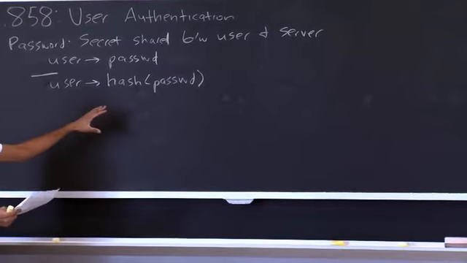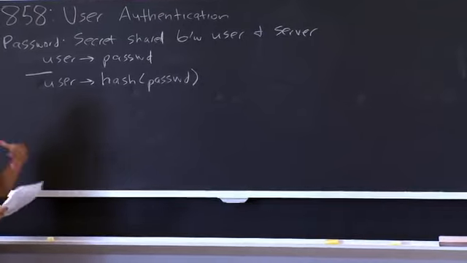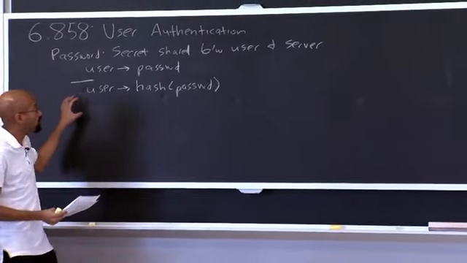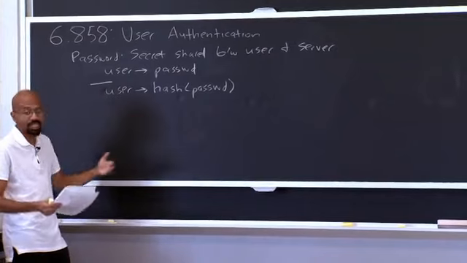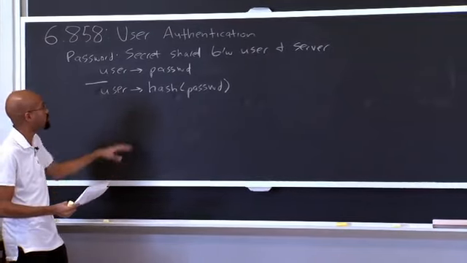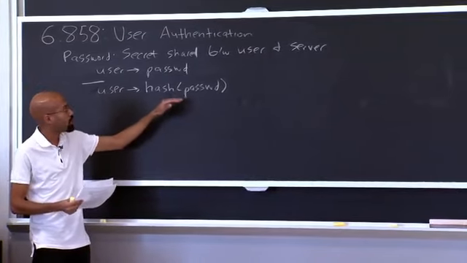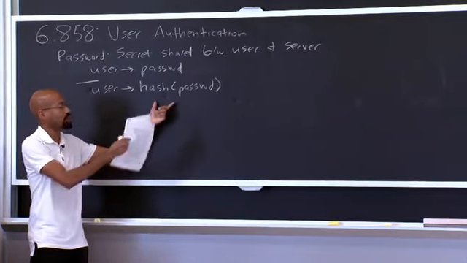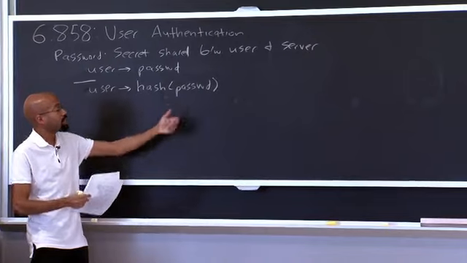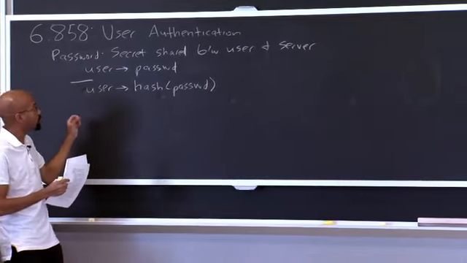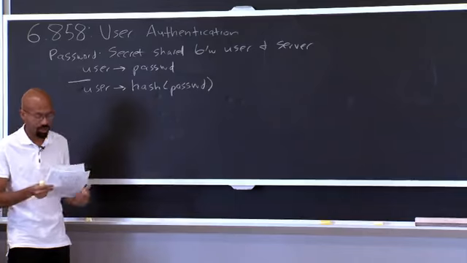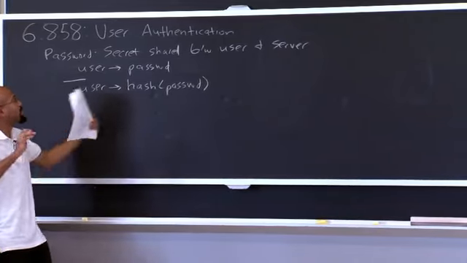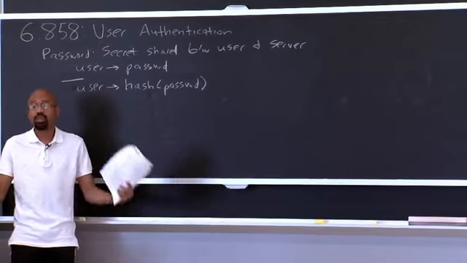The advantage of this scheme is that by design, these hash functions are difficult to invert. So if this table is leaked somehow, or the attacker compromises the server, the attacker can look at these strings of random alphanumeric characters, but it's difficult to figure out the preimage that was used as the input to the hash function to generate that value. That at least is the nice thing about these hashes, in theory.